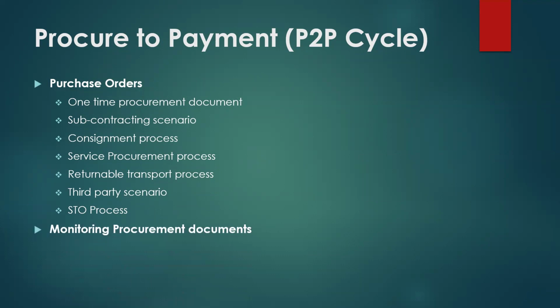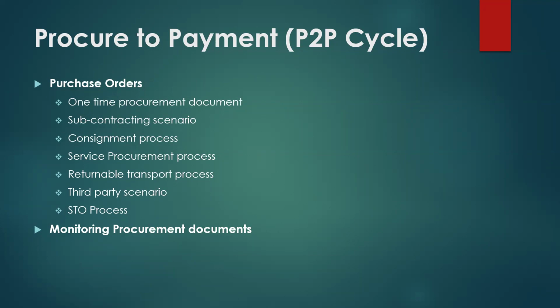Then the next step is monitoring procurement documents, which is the dunning process. The dunning process is automatically sending mails to the vendor to remind them about material delivery. Once the procurement document, like a purchase order, is created, it is an external document that will be sent to the vendor.